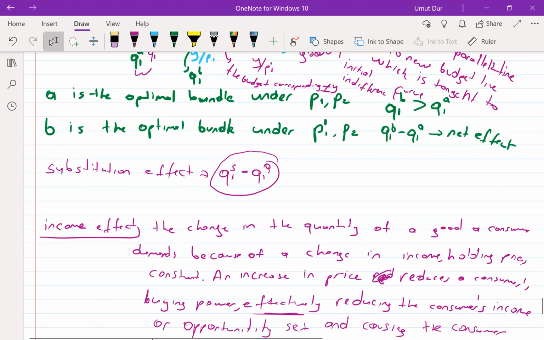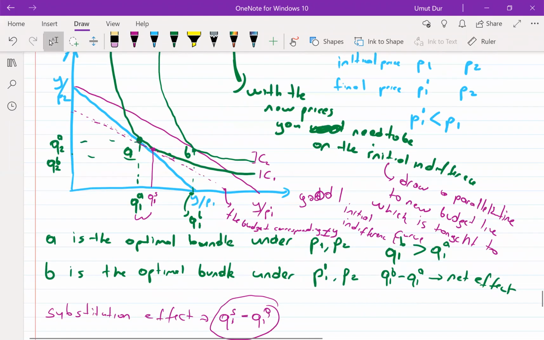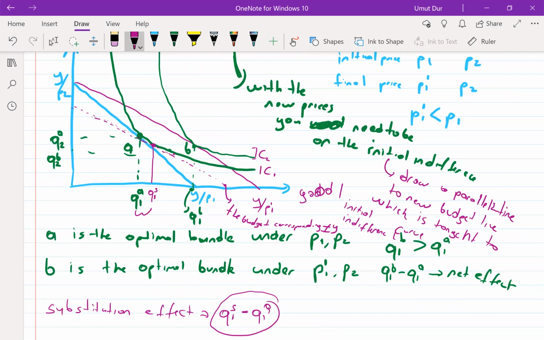So if we turn back to this question, here the net effect is Q1B minus Q1A. The substitution effect is this one, okay? Then the income effect is the following, okay? Q1B minus Q1A minus Q1S minus Q1A.